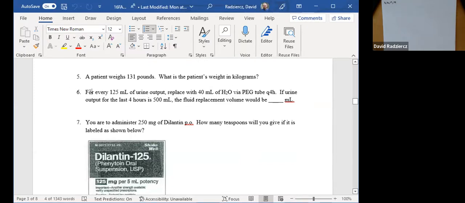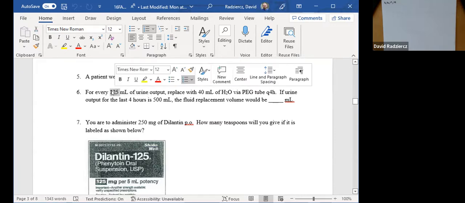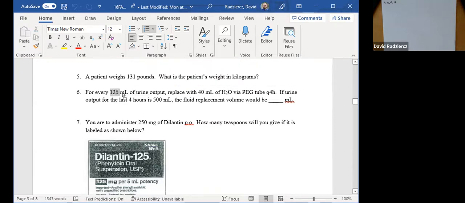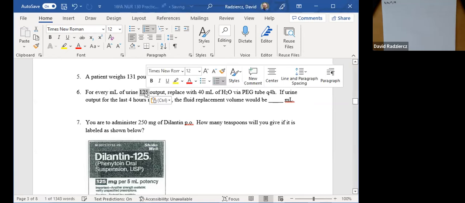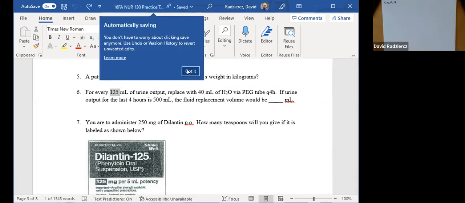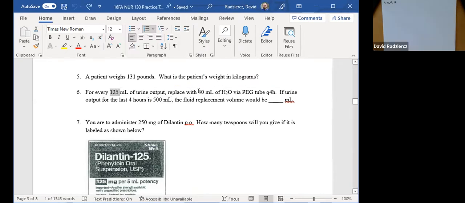So, all right. For this question, I need to identify a couple of things. This is the potential urine output, the 125 milliliters. This is the replacement volume, and then this is what was actually collected by the patient, the 500 milliliters. So that's what we're paying attention to. I'm going to write that out. I'm going to go to my screen here.